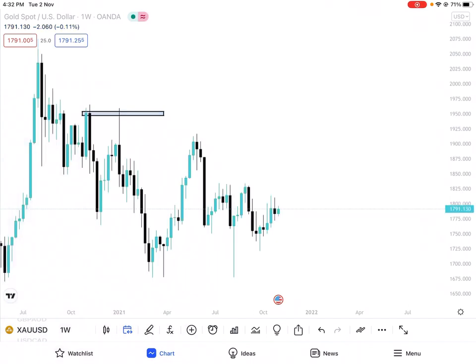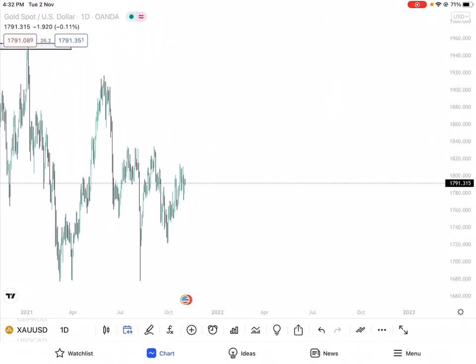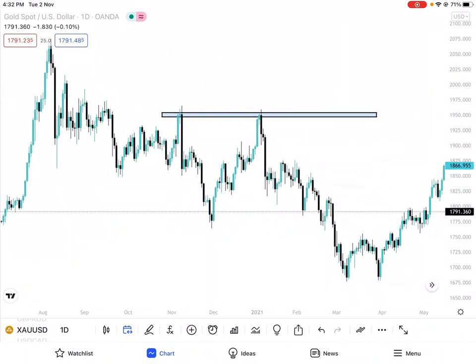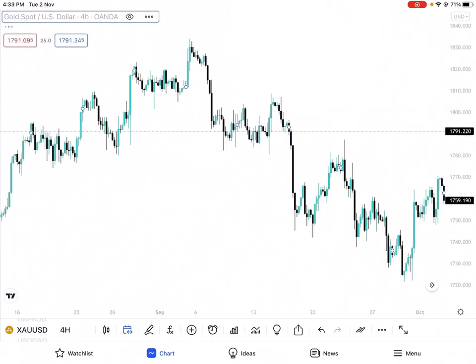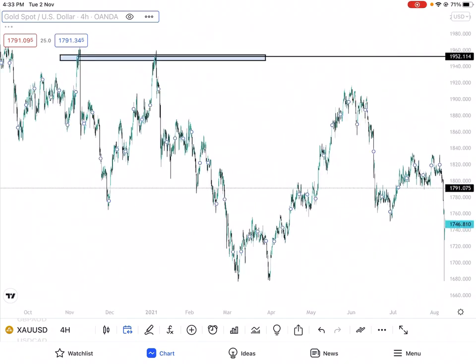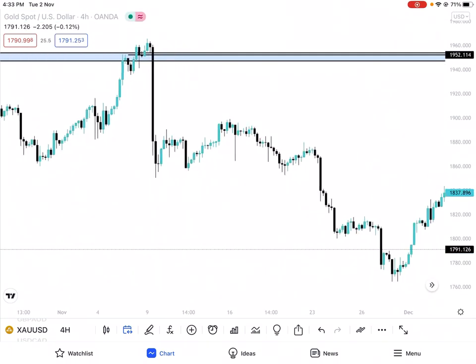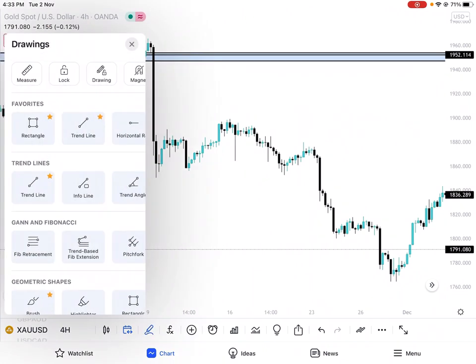You may precise it to another time frame to lower our risk. On daily, the same level. So we use a horizontal line, same level, precise to H4. You may remove the line or just add another one.